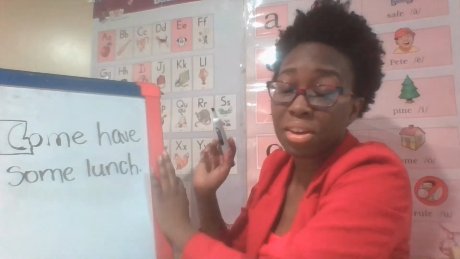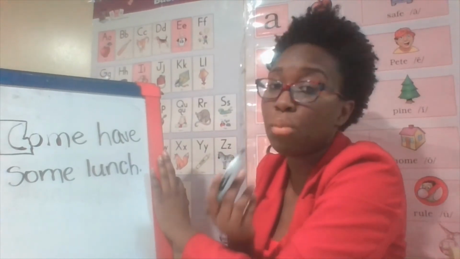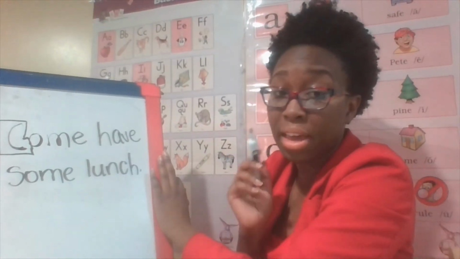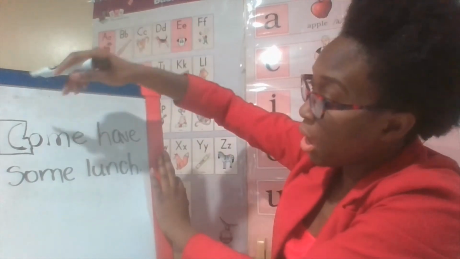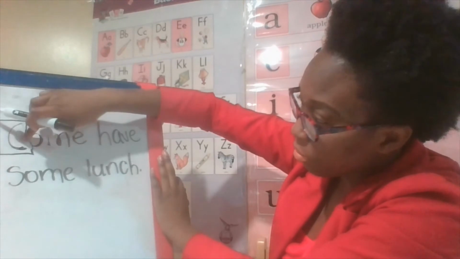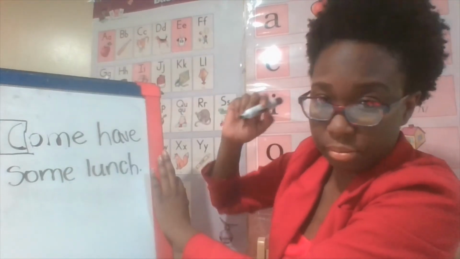So I start with a capital C because anytime I start a sentence, I should always make sure that I have a capital letter. That's very important. Okay? So come starts with a capital C.